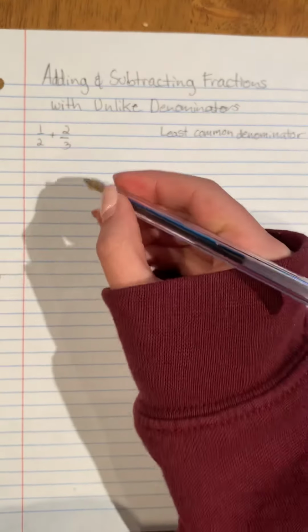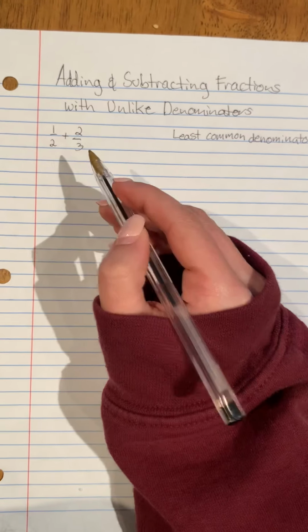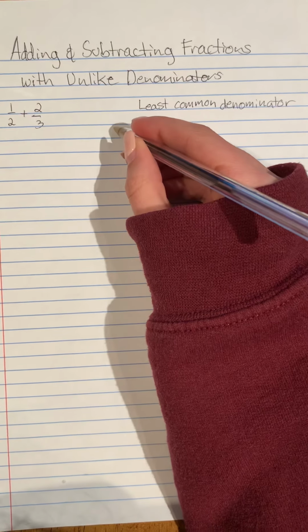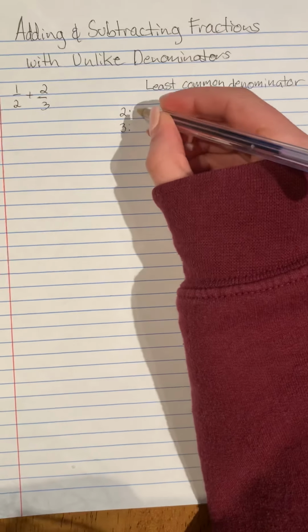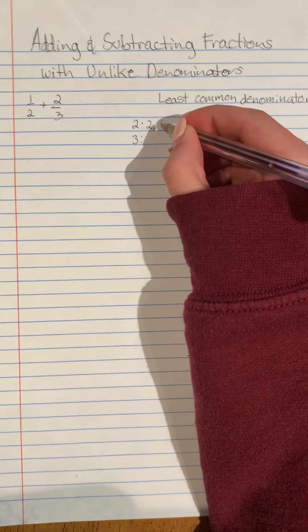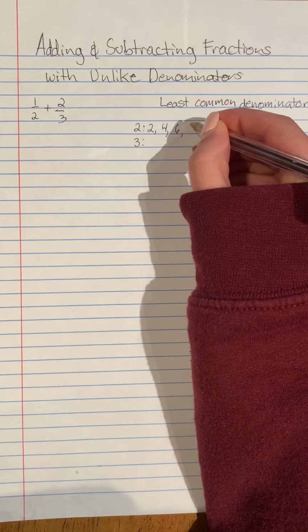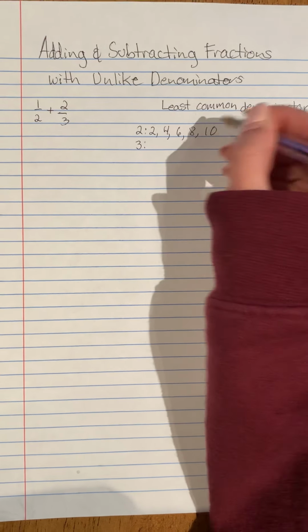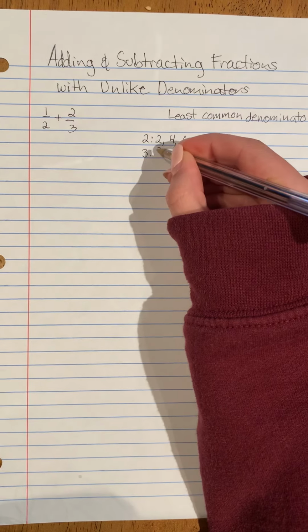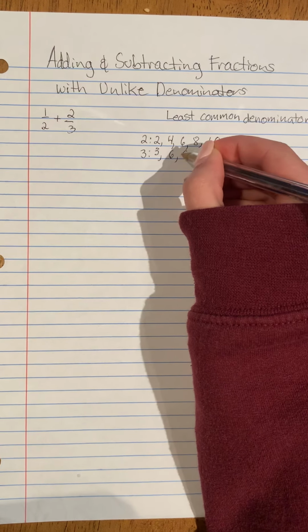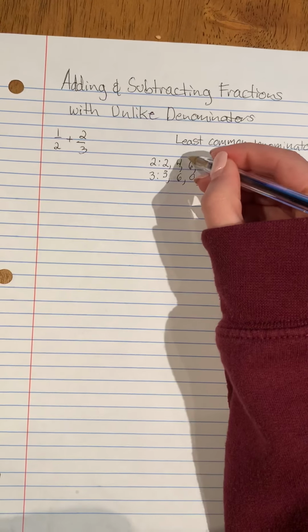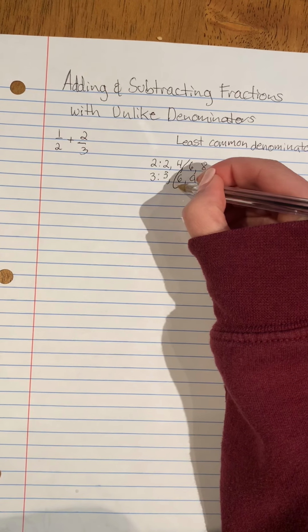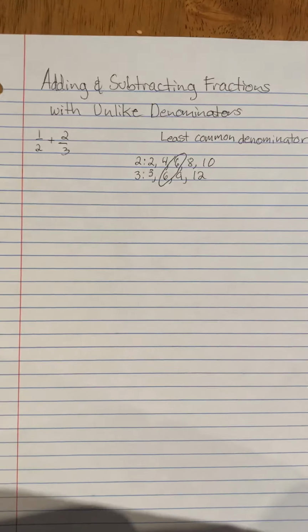We have a denominator of 2 and a denominator of 3. I'm going to list out the multiples for both 2 and 3. So 2, 4, 6, 8, 10. Let's do 3s. 3, 6, 9, 12. All right, I see that 6 is our least common denominator, our smallest common denominator.